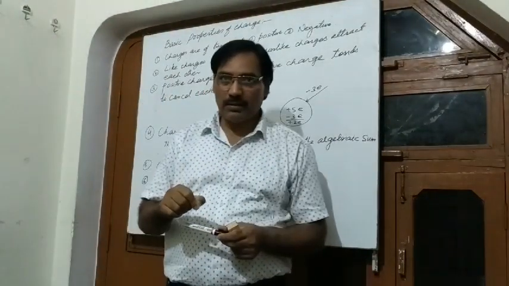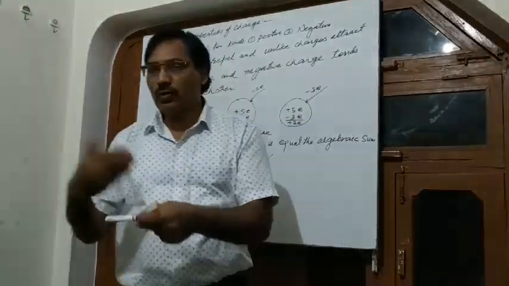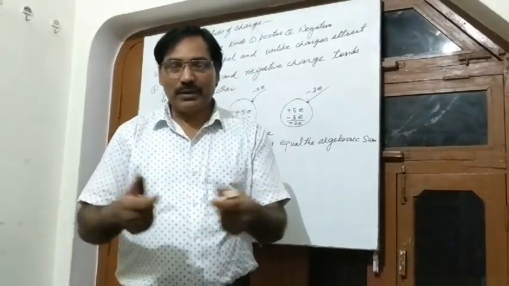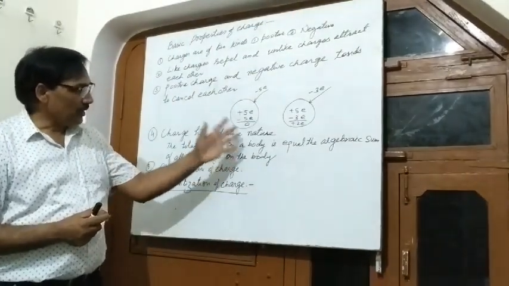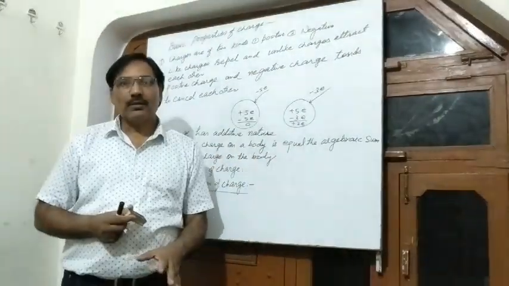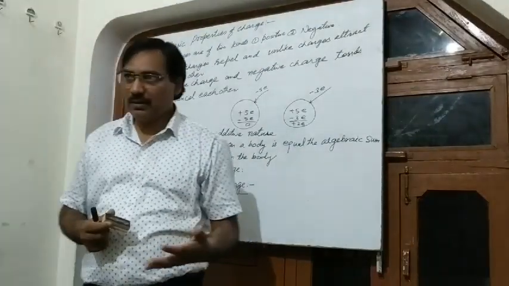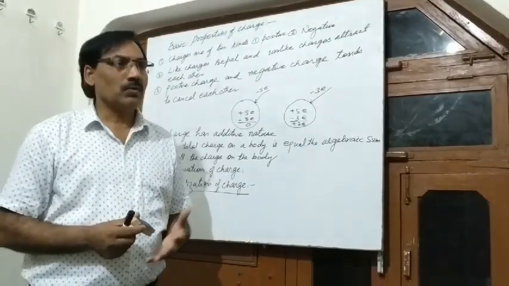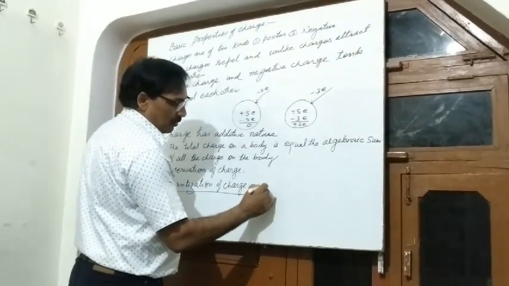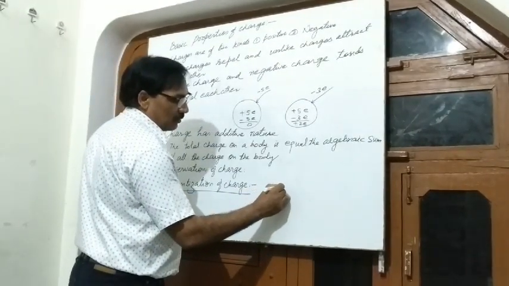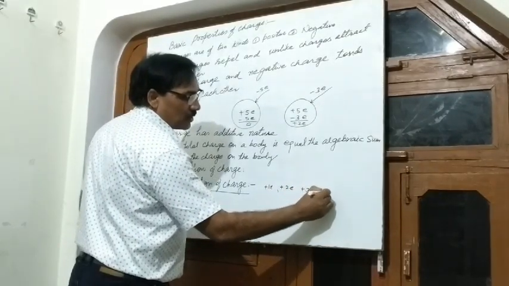And we also know that we cannot divide the electron. If we go to divide the electron, then it will not exist. So, if we want to transfer electron from one body to other, then either we can transfer 1 electron or 2 electron or 3 electron, 4 electron. So, the charge on a body will be either plus 1e, plus 2e, plus 3e, plus 4e.